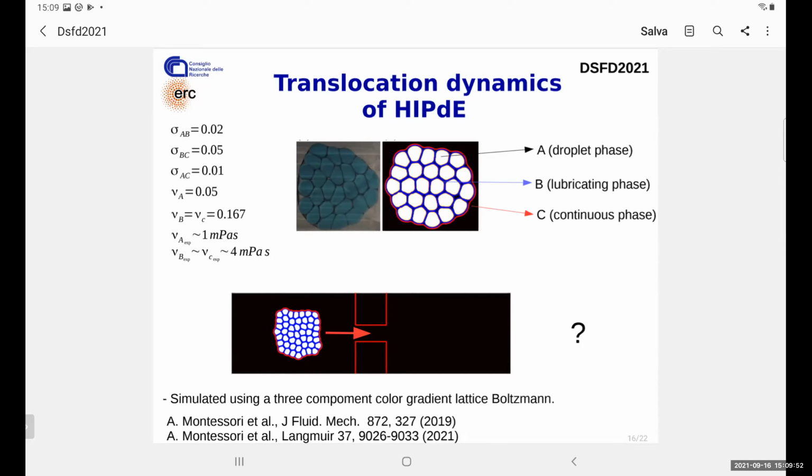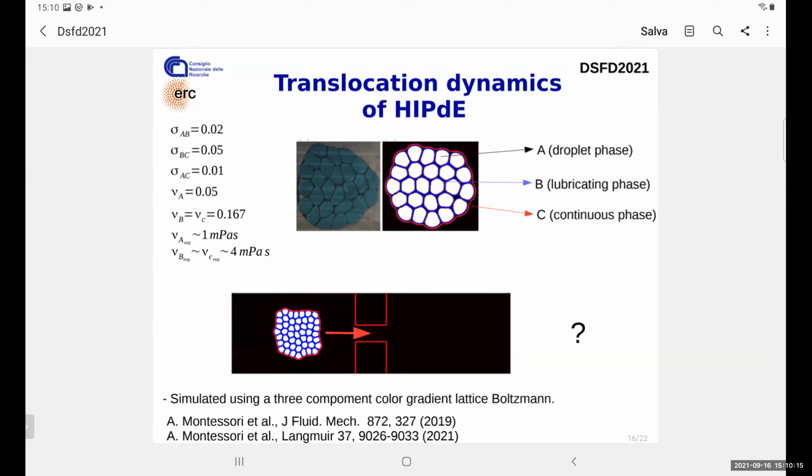I cannot consider myself an expert in this color gradient lattice Boltzmann, and more into free energy. But as you can see, one of the most important ingredients of this system, I would say, is trying to avoid the merging between droplets, right? In these simulations that use color gradient, this is done by including a force field, a topological force field that each droplet has.